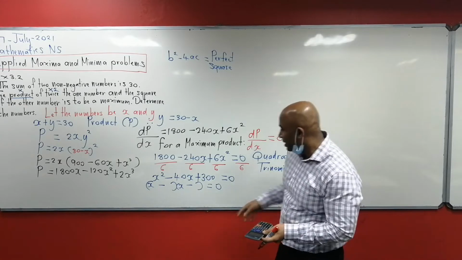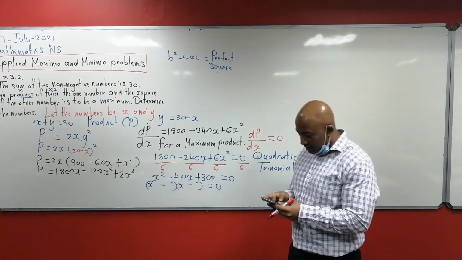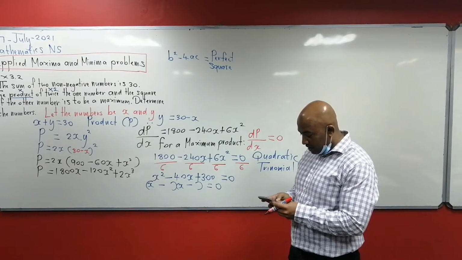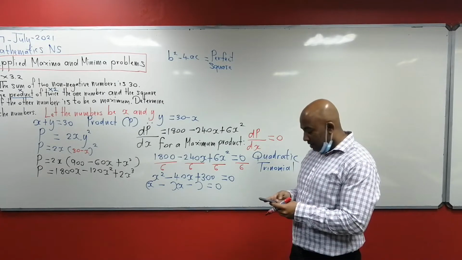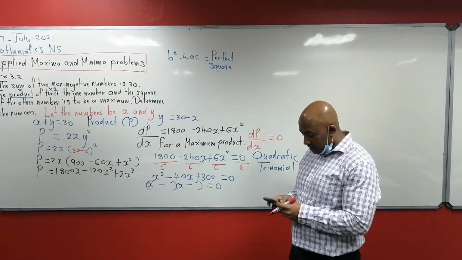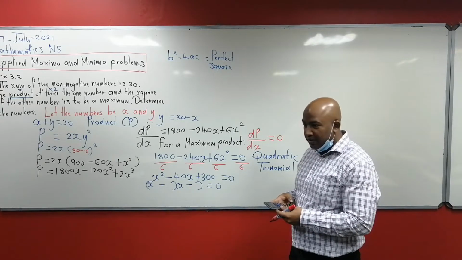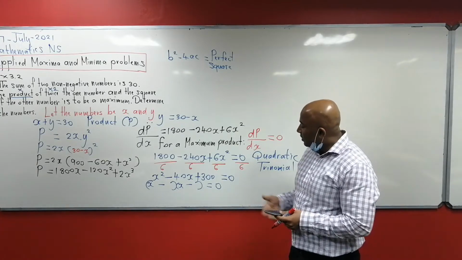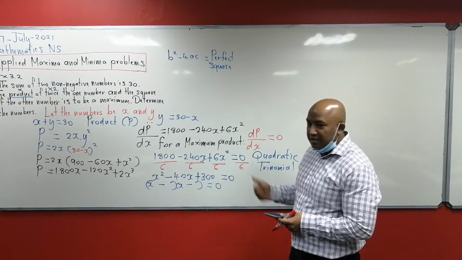So let me do b squared minus 4ac. My b is minus 40. So that's b squared minus 4 times 1, that's a, times c, which is 300. We get 400. The square root of 400 is 20. This can be factorized. Right. So what are the factors?